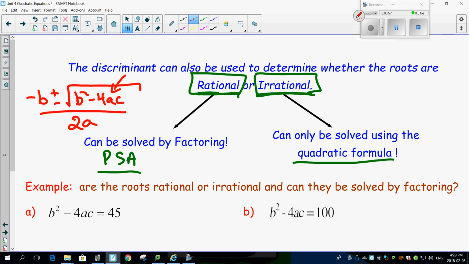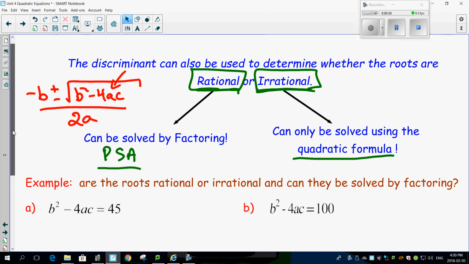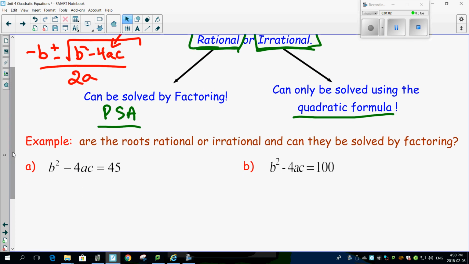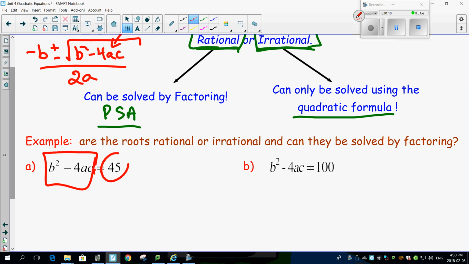Check it out. Here are some examples. Look at this guy right here. The first one tells you the discriminant b squared minus 4ac actually works out to be 45. So that 45 goes here. Let's take the square root of 45. Can we square root the 45? Well, no, you can't.